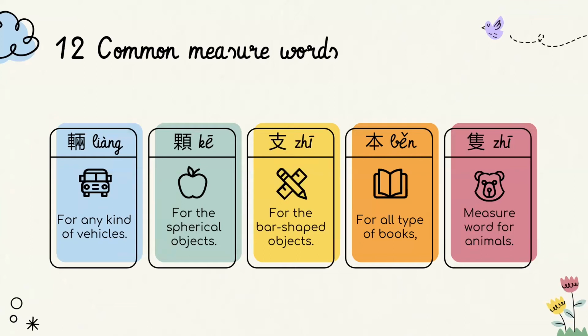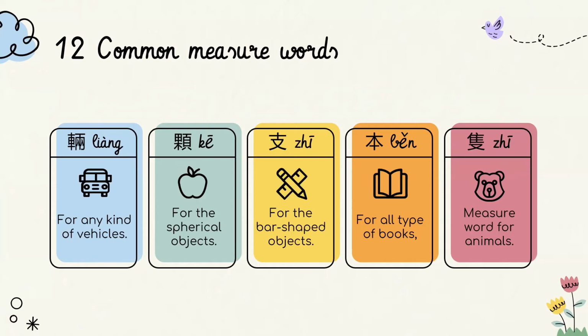And then this one is 颗, a measure for things that look round, like a bowl. It's like an apple, candy, or even any kind of ball, football, soccer, tennis.